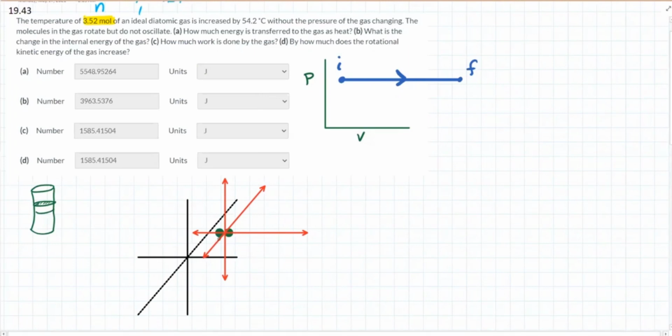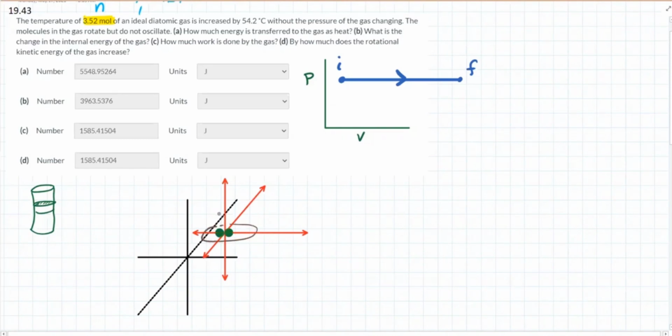And in addition to moving along those 3 axes, it can spin. So here comes number 4. It can spin like this, about this axis here. That's number 4. And then on top of that, it can also spin about this axis like this.